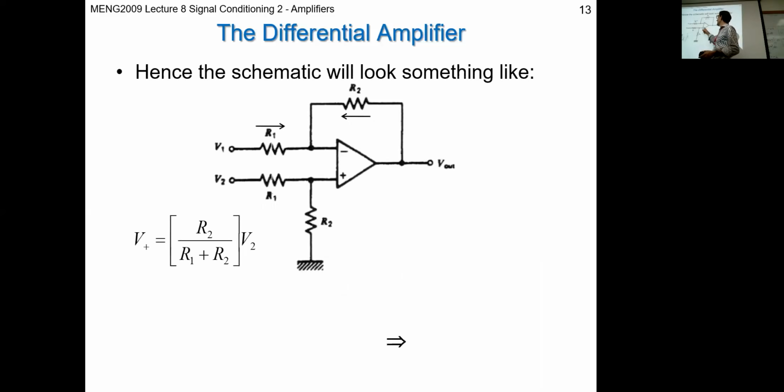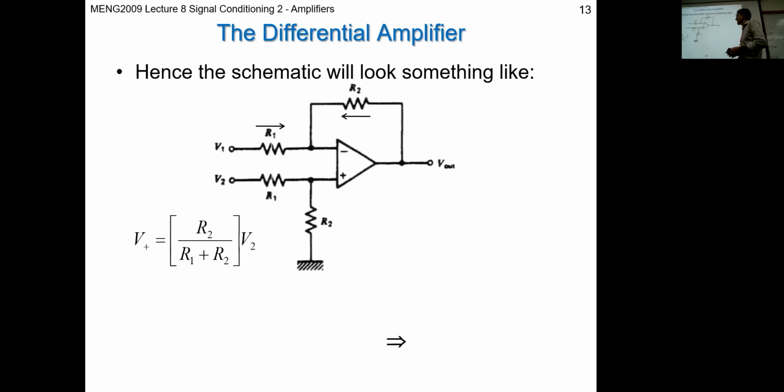This time, your positive pole is connected to ground through a resistor R2, which is matched to the feedback resistor. And the input resistance on each of your two input voltages will be matched as well, as R1.